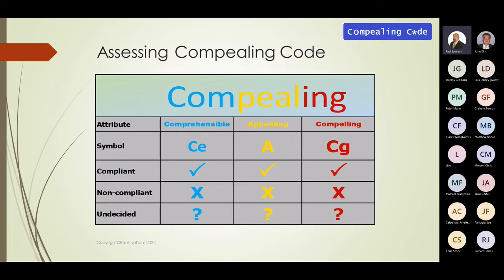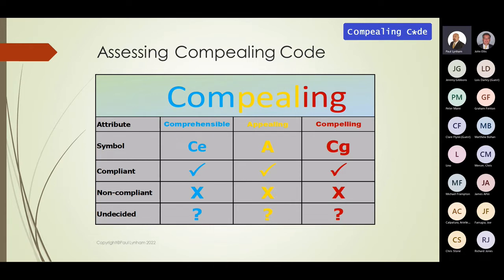So how can we use this concept to assess code? Well, what I've done is I've created a little periodic table, hence the chemistry. So we've got the three attributes of compealing code. We've got comprehensible in blue, appealing in yellow, and compelling in red. We've got a little chemical symbol for each one. So that's C, that's not cerium, that is comprehensible.